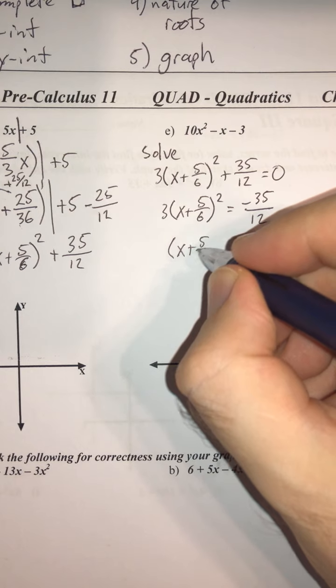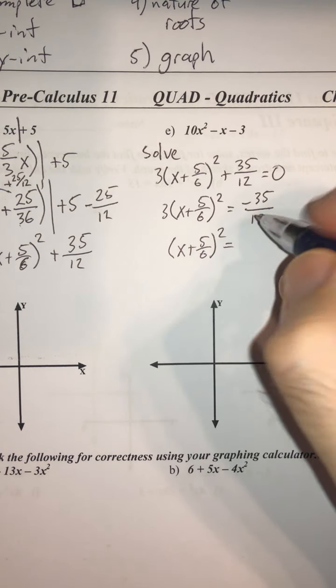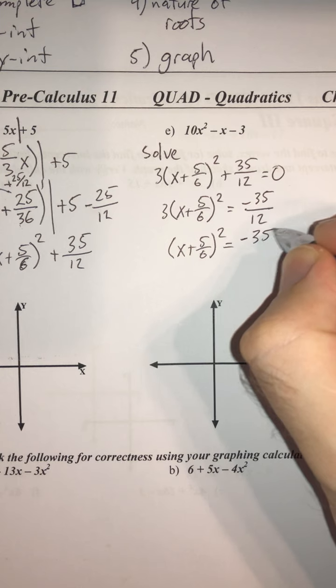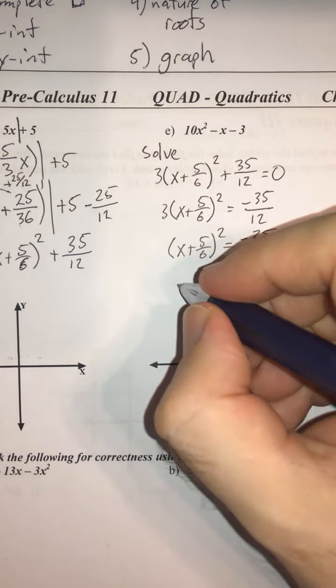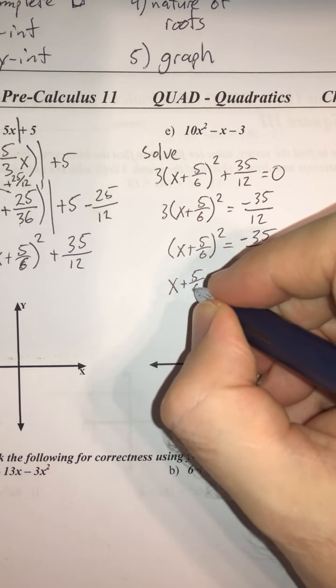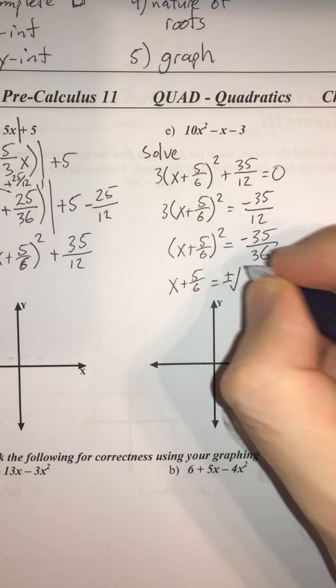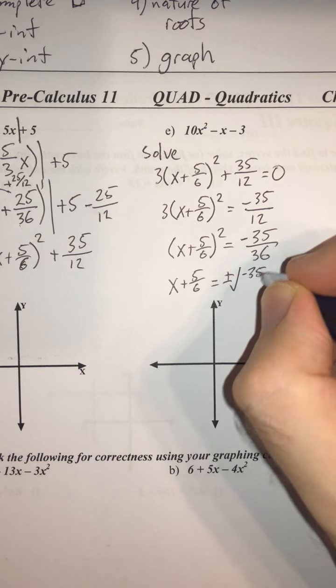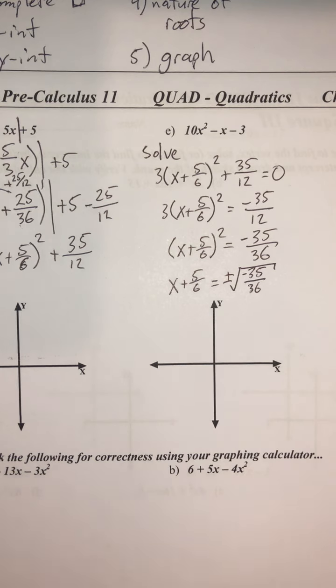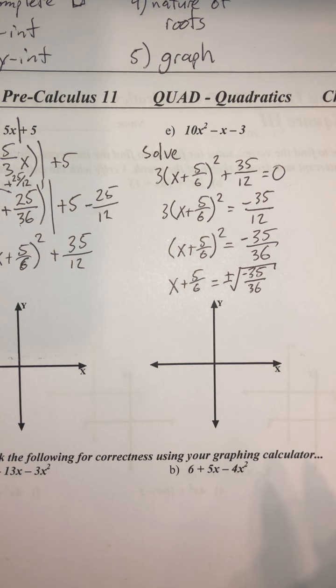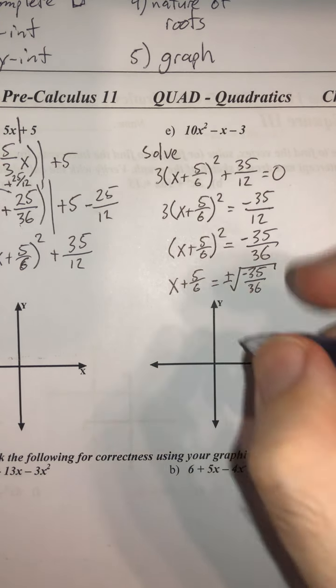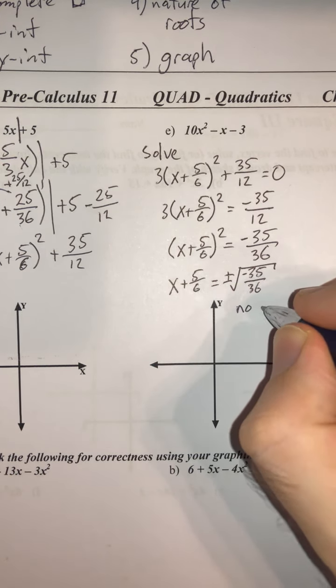So we get x plus 5/6 squared equals negative 35/36. And then we take the square root. So x plus 5/6 equals positive or negative square root of negative 35/36. Now hopefully at this point you noticed you cannot take a negative square root. So there's a problem with this. If you end up with something like this where there's a negative inside that square root, that means there's no roots.